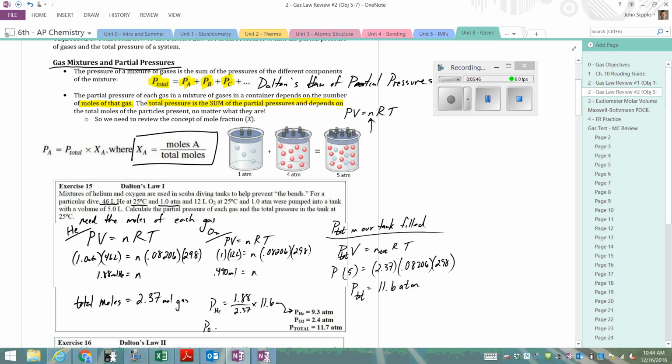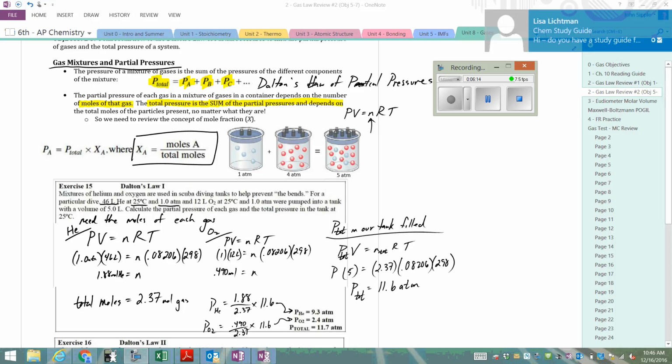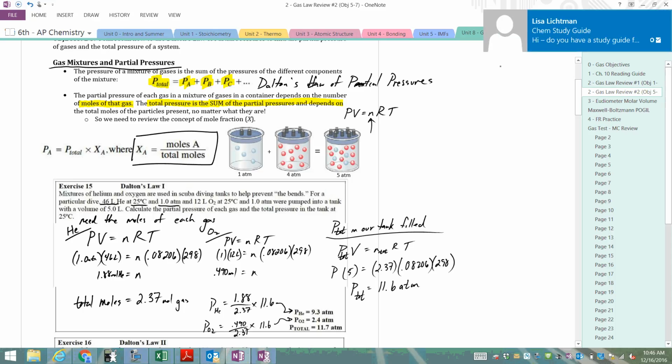The pressure of oxygen is equal to 0.490 divided by 2.37 times 11.6, and that gives us the pressure for oxygen. So that's how we would do that problem. It's a lot of ideal gas law to find each individual pressure. Now remember, if things are going a little fast, try and slow the video down, pause it, go back and see what we're doing, and work through it with me together.